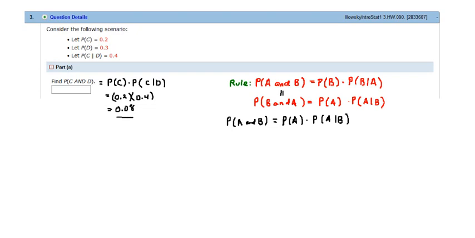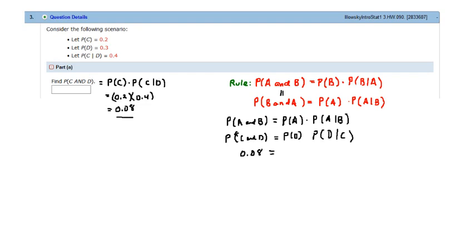So in fact, we want to find the probability of D given C. And the way that would work out is if we said, well, let's take the probability of event D and say that's the probability of C and D occurring. Well, we already know the first one, it's 0.08.